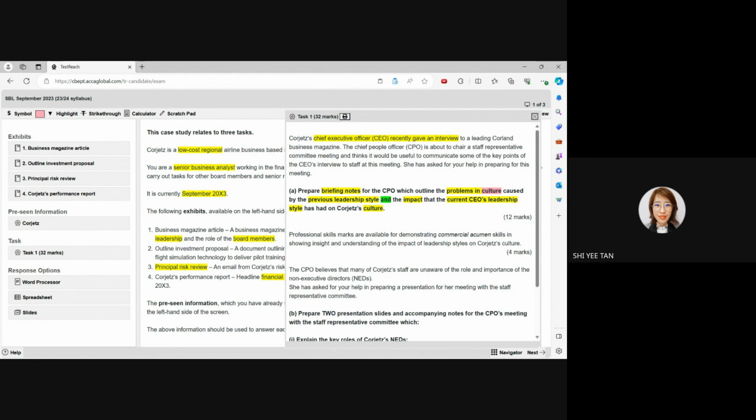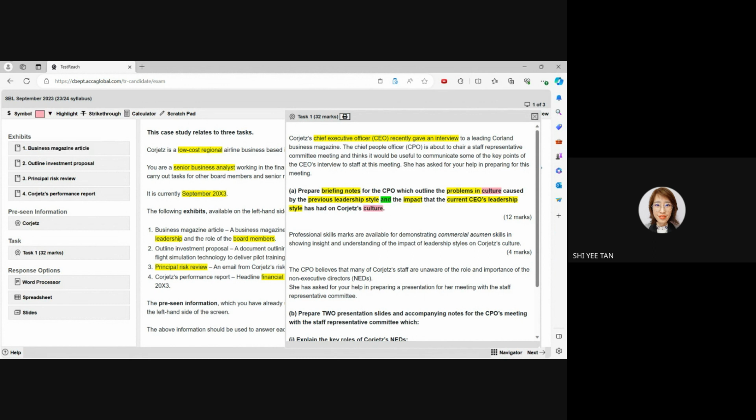So when you write your answer, you're supposed to link the problem to culture. I believe you know what culture is because we have gone through it in our syllabus. And then the next part you are supposed to write how the new style impacts the culture. So how the previous one brought problems and then how the new one impacts the culture. Two things that you have to write.